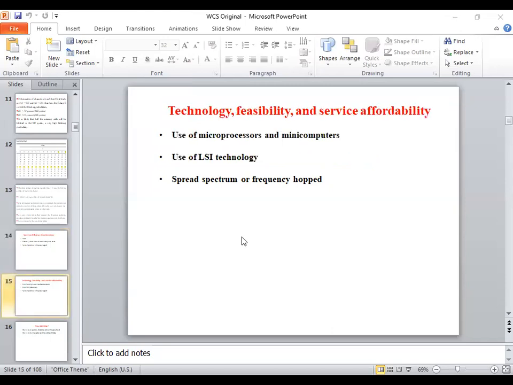Now, next is technology feasibility and service affordability. In the era of the computer industry, microprocessors and minicomputers are now used for controlling many complicated features.